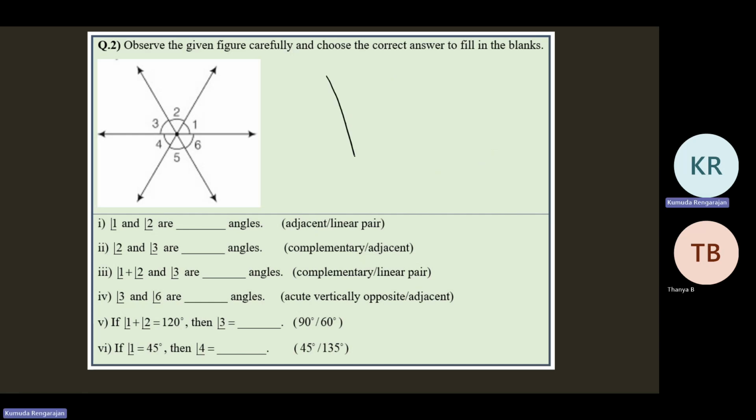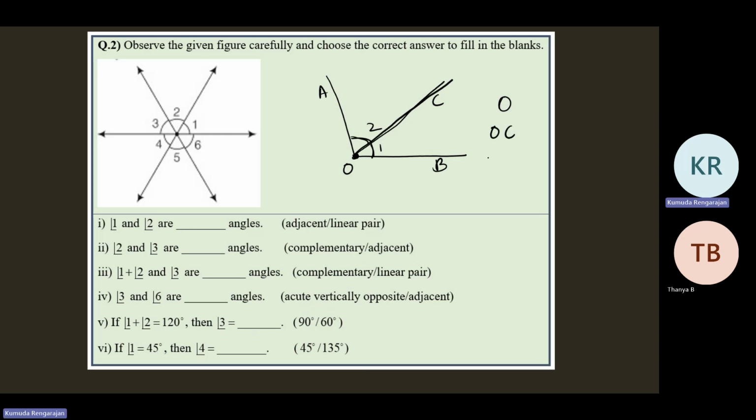We have seen this definition earlier. So angle 1 and angle 2 form a pair of adjacent angles because both of them have a common vertex O. Both angle 1 and angle 2 have a common arm OC.